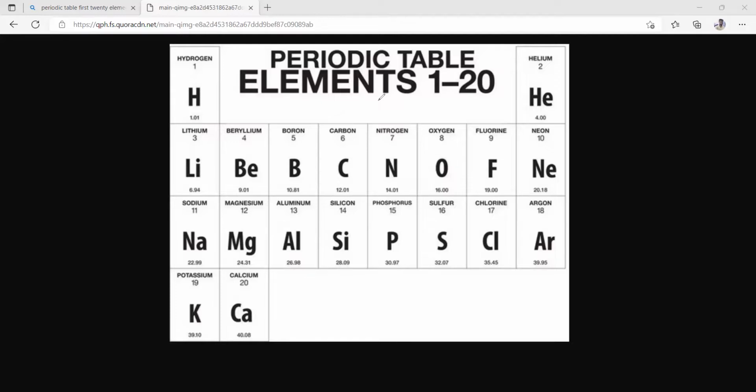Hydrogen, lithium, sodium, potassium. Very good. For all these first group elements, the charge is 1 plus. Put this in order: 1 plus, 2 plus, 3 plus, 4 plus.